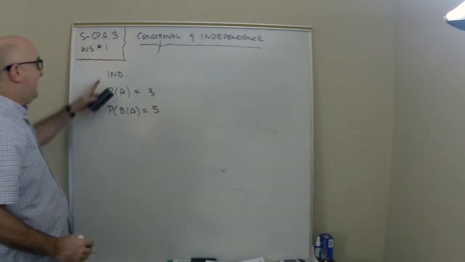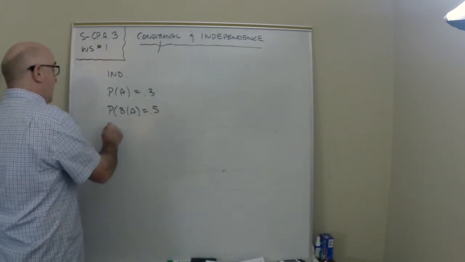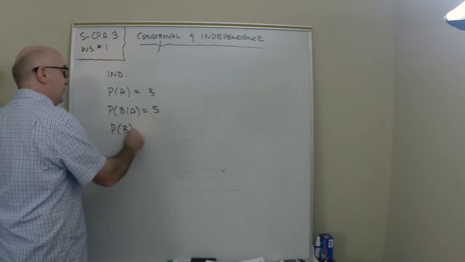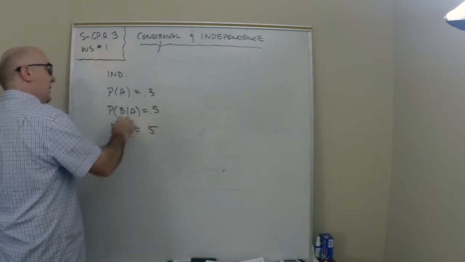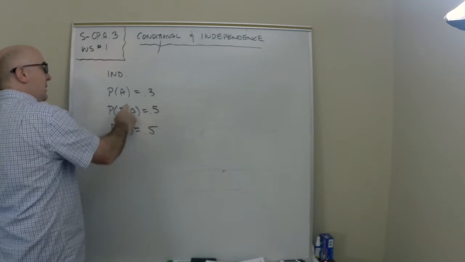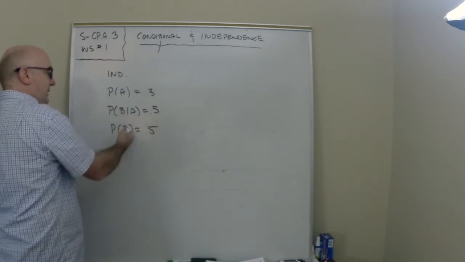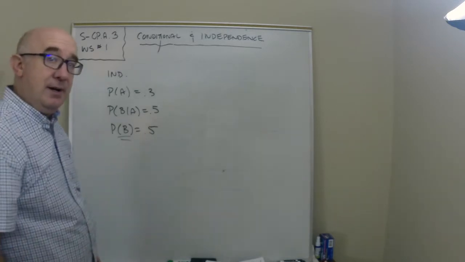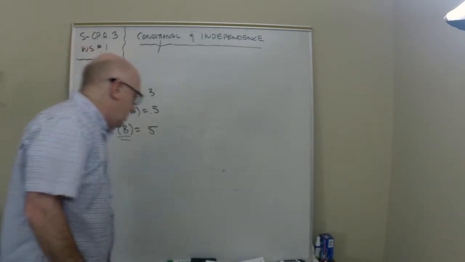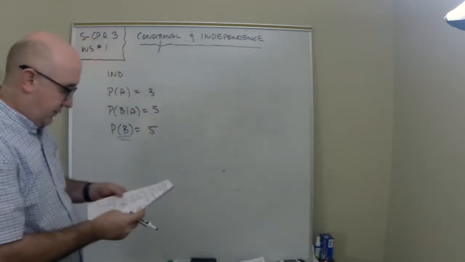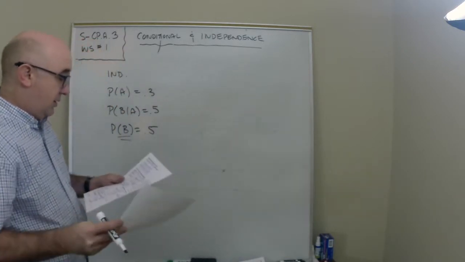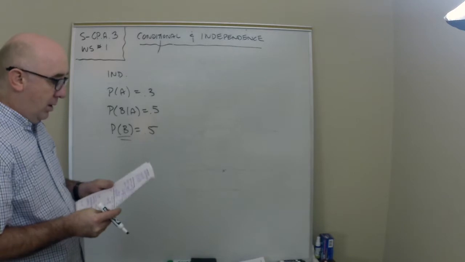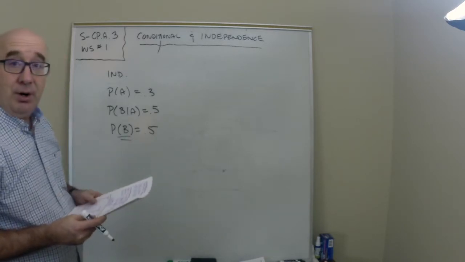Now, because they're independent, the probability of B is just simply 0.5 as well, because if they're independent, knowing that A had taken place doesn't impact B's probability, and it would just be that 0.5. And so you're going to use that knowledge to solve some different types of problems, or even to determine if things are or are not independent.